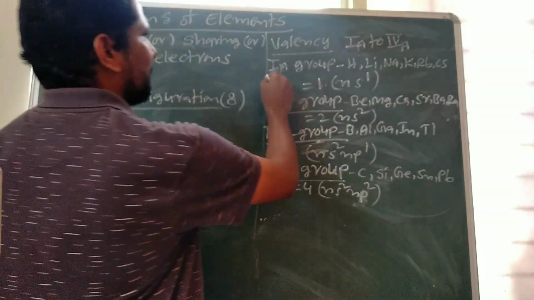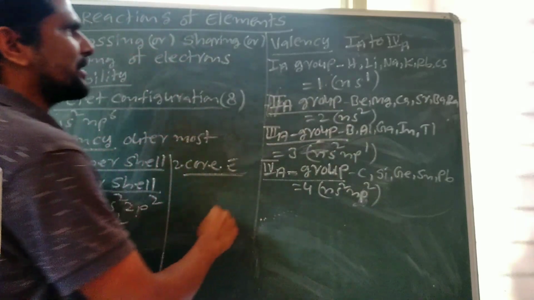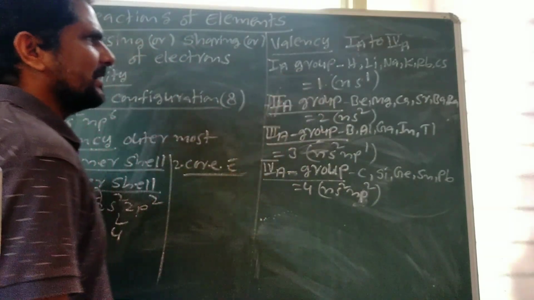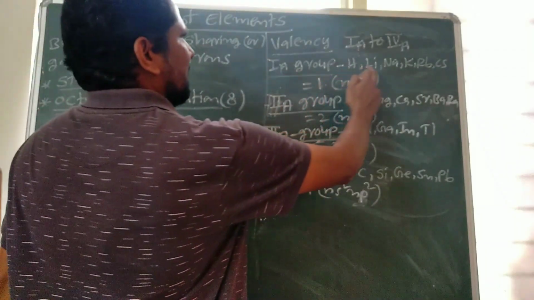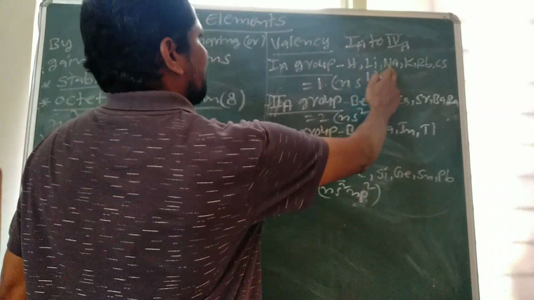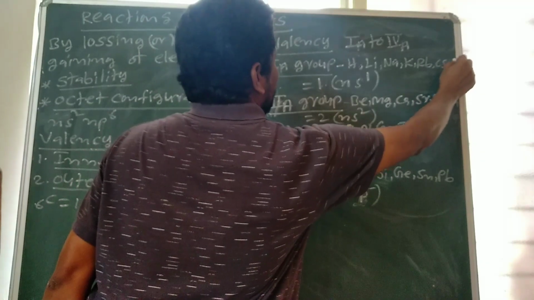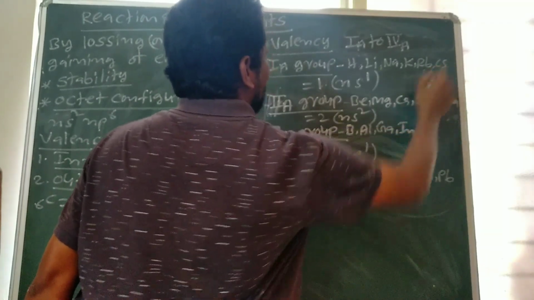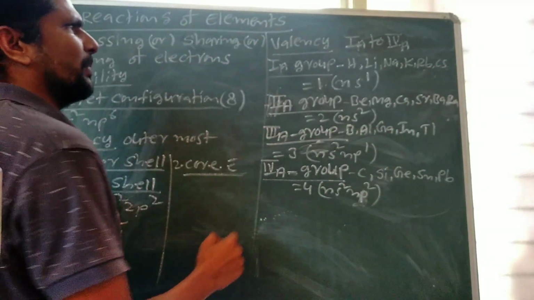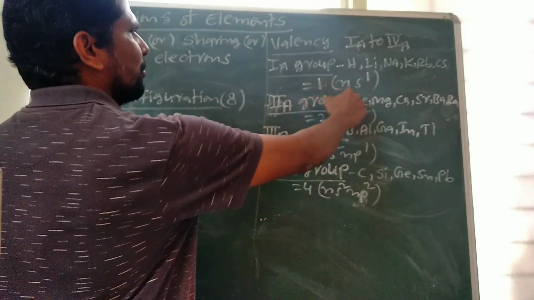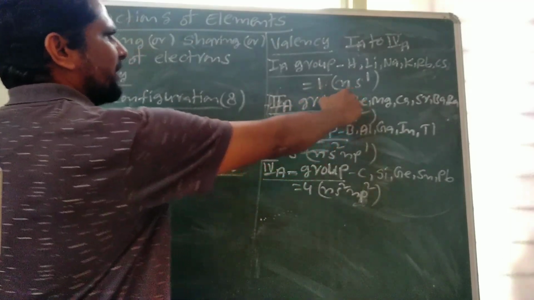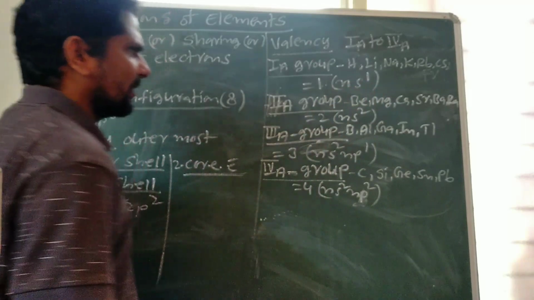For example, calculation for first A group elements: hydrogen, lithium, sodium, potassium, rubidium, cesium and francium belong to first A group elements. So the valency of first A group elements is 1 due to the general electronic configuration ns1.